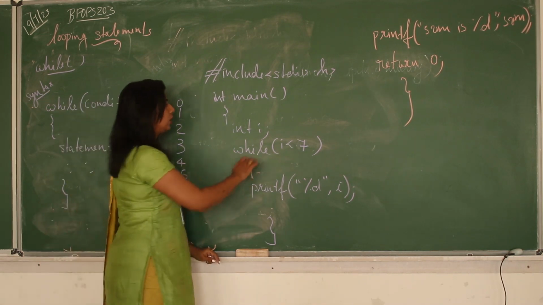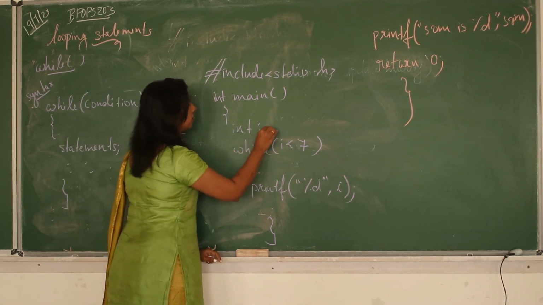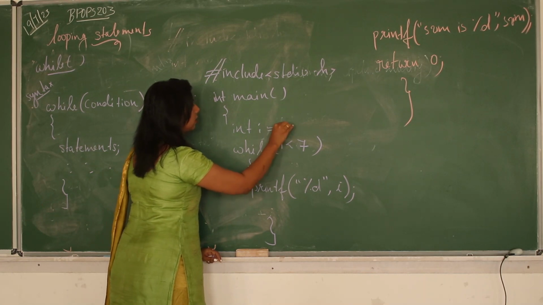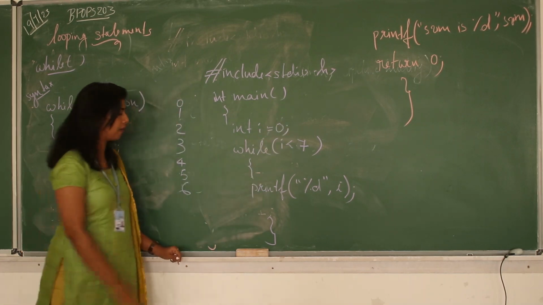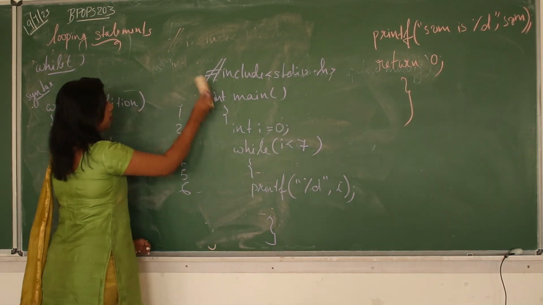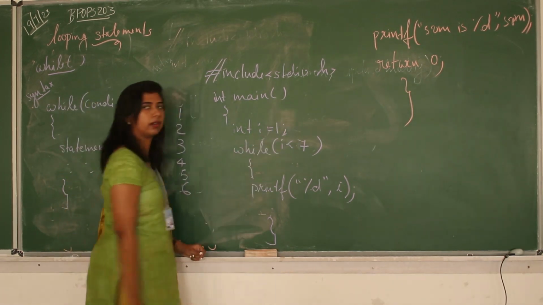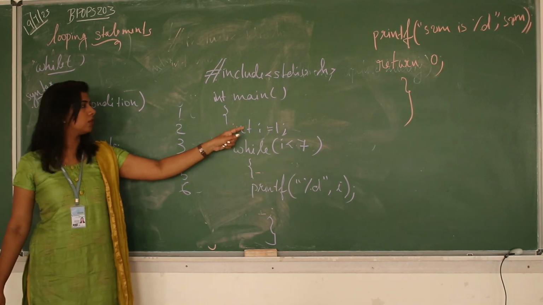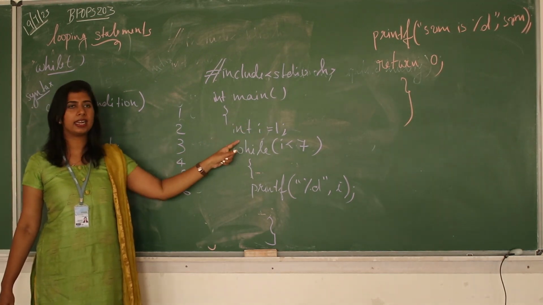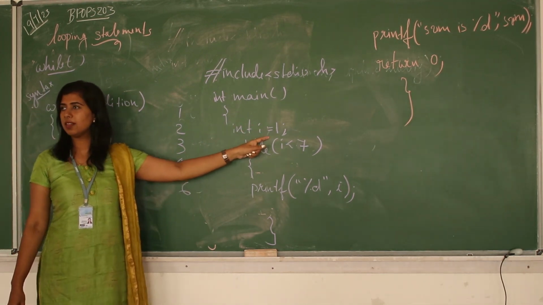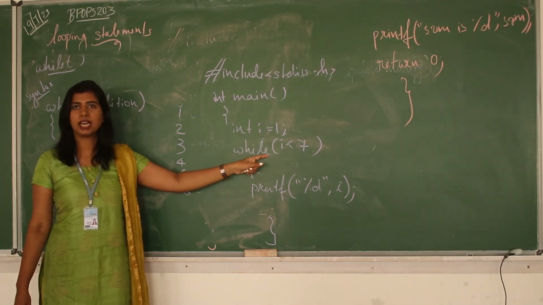And I have to initialize my I value as 0. If I am starting from 1, my I value should start from 1. So this part is the initialization and declaration, both I am doing in a single statement. Then here I am checking the condition.